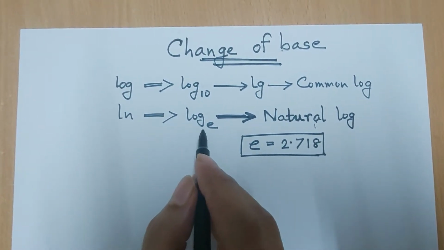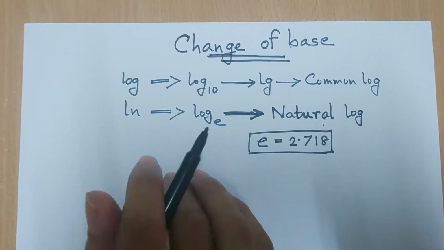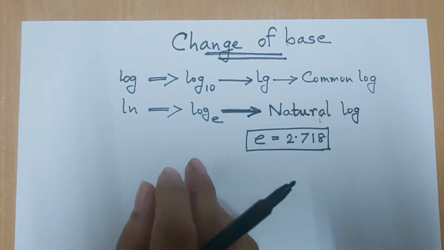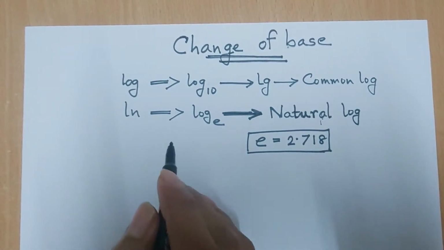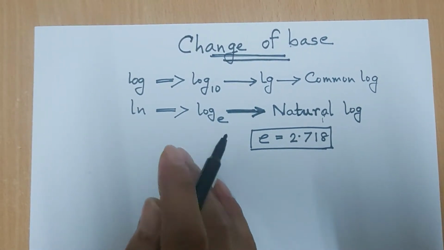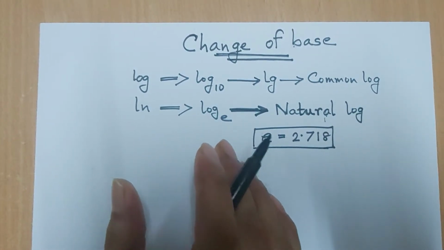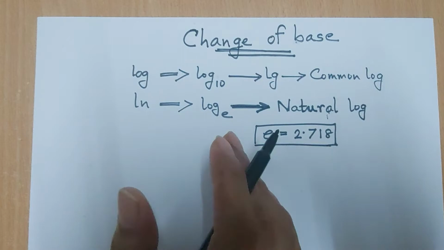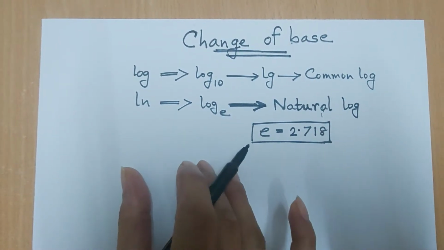But in some cases we need to change the base to calculate the value, mainly for solving exponential equations. This is the reason why the change of base formula is formed. In solving exponential equations, we can convert the base as we choose by using this formula, so it is a very useful property.